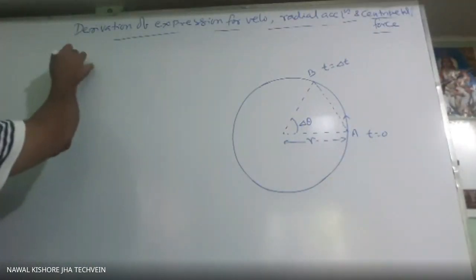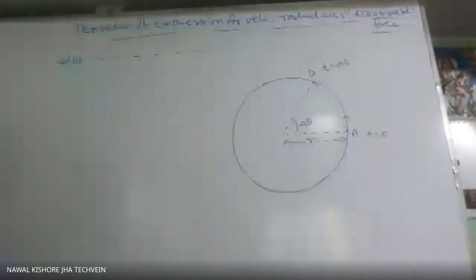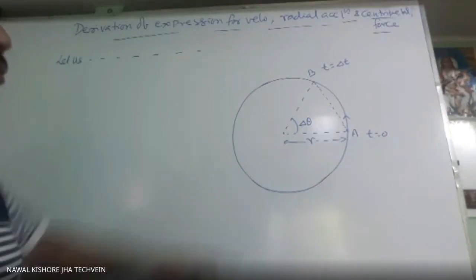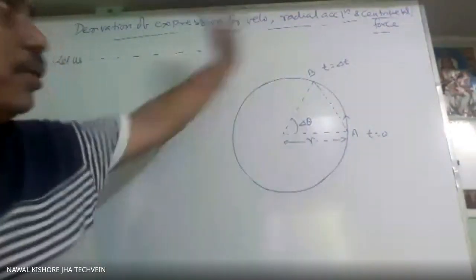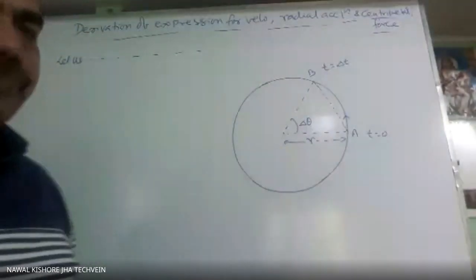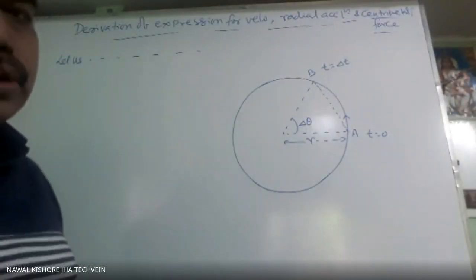Let us consider a particle of mass m moving with uniform speed in a circular path of radius r. This is for uniform circular motion only.